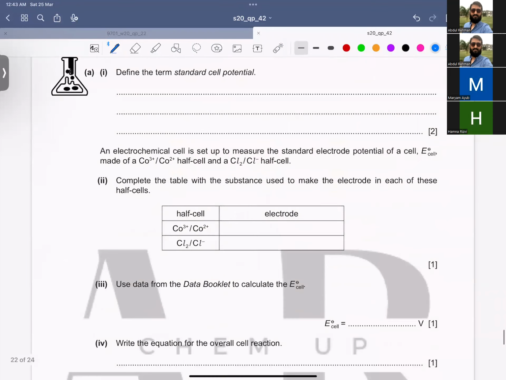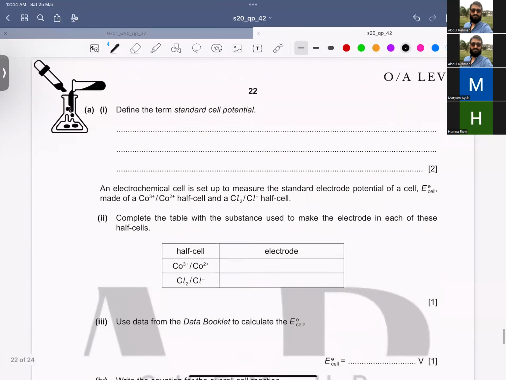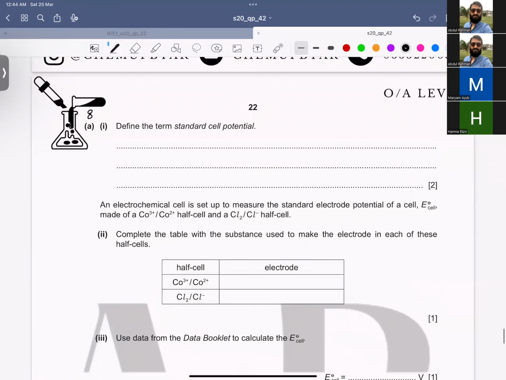Okay, next question. Question number 8, the last question of this paper. Again, you have a definition. Define the term standard cell potential.